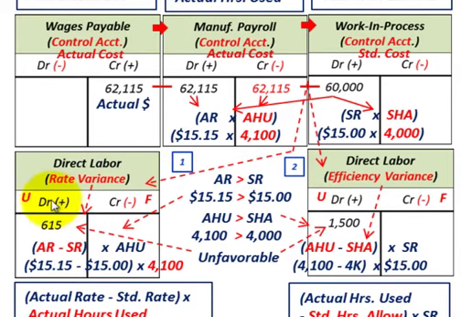When we talk about debiting here, that means it's an unfavorable labor rate variance. The reason is that our actual labor rate of $15.15 per hour is greater than our standard labor rate of $15 per hour.